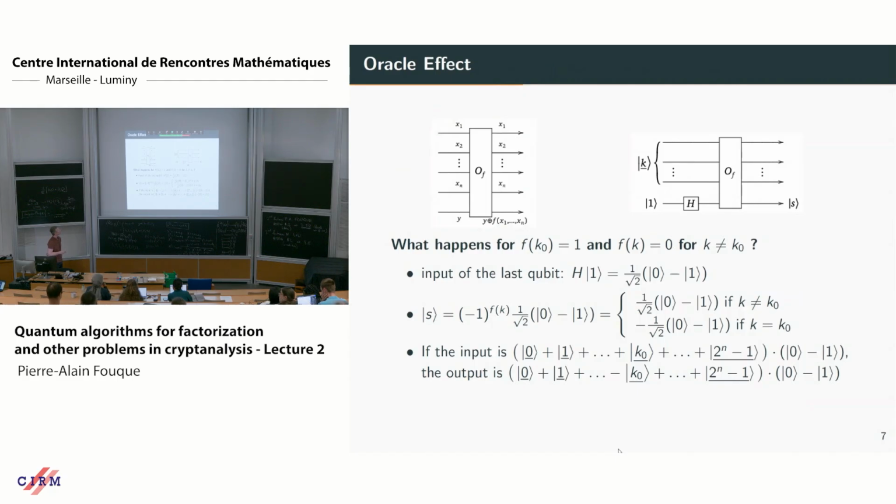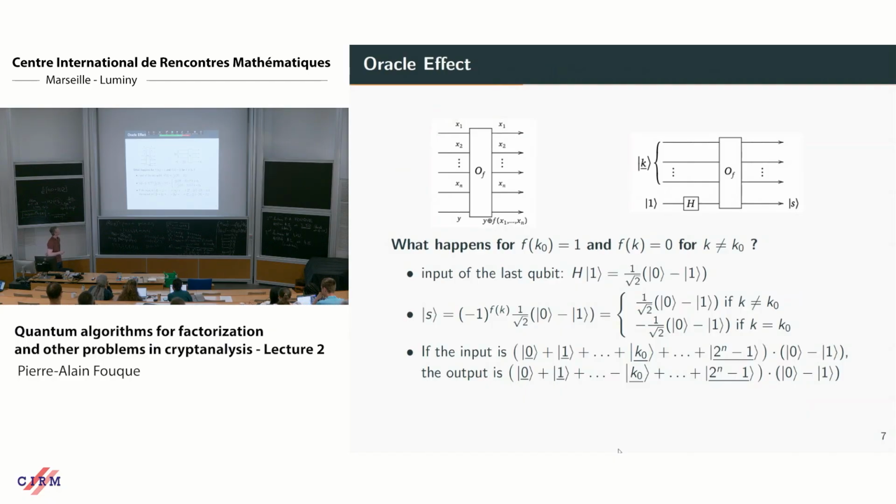So the state here is this one. And according to this value, I just have to look at what is the output here. And the output here, S, is equal to this value. So if k is equal to k0, here I will have minus this value, and if k is different from k0, I will have a plus here.